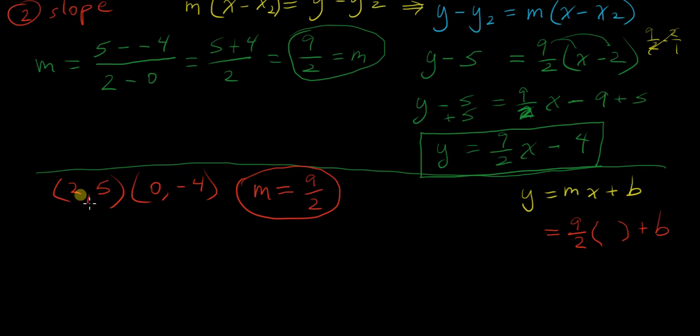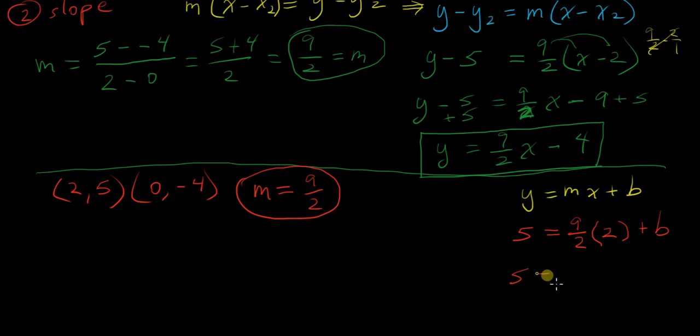So I think I'll take the 5 and the 2. And again, it wouldn't matter. You're going to end up with the same exact equation anyway. Well, so when y is 5, we know that makes x 2. And that gives us information to pin this b down. Okay, well, that's all I care about is solving for b.